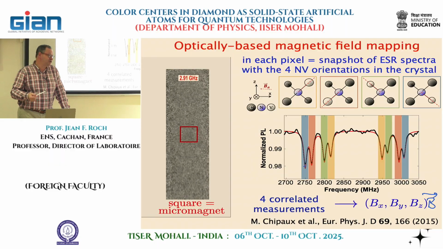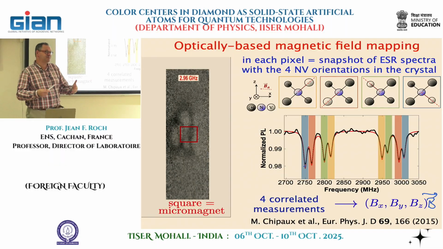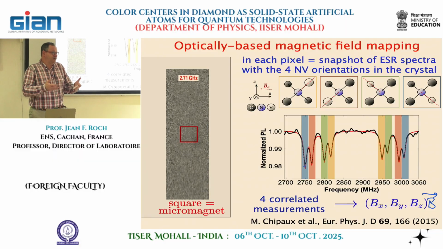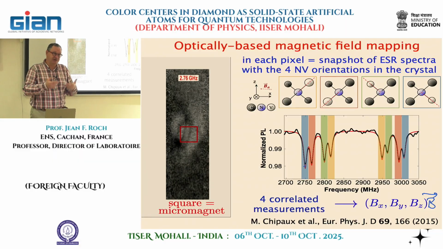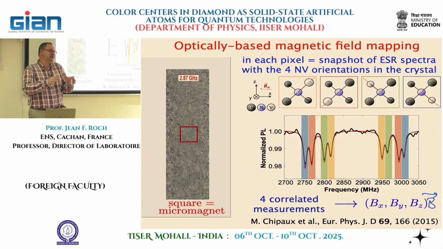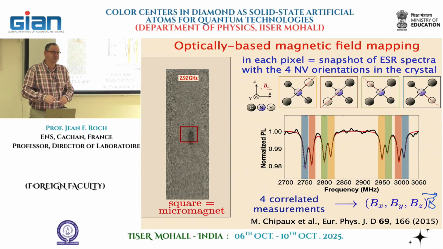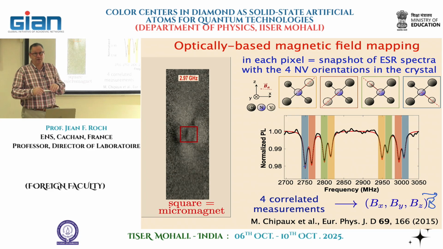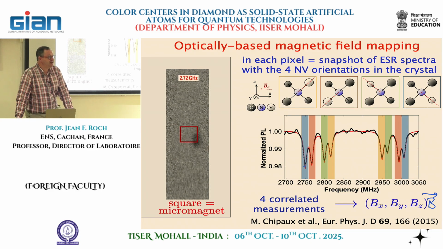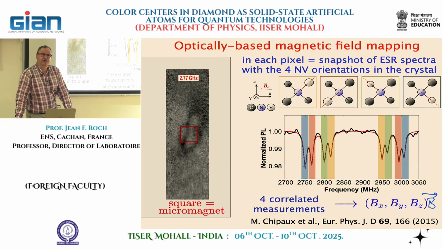Since all experiments have a sensitivity which is set by the recording time, if you want to have resolution, it means you have to spend time for doing that. In our case, we set a resolution which is approximately the one set by the distance between the NV layer and the magnetic sample, and that can be as low as 1 micrometer.